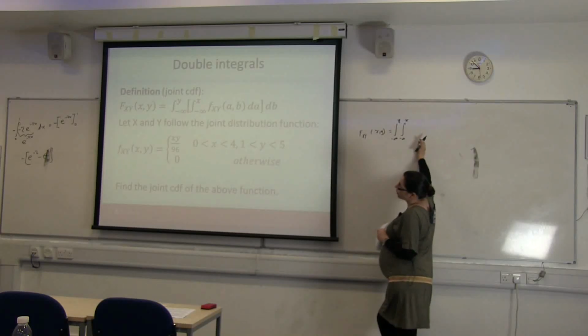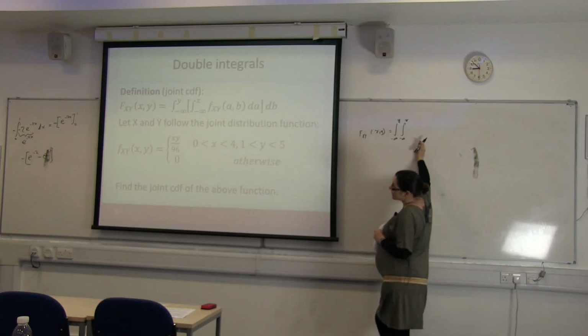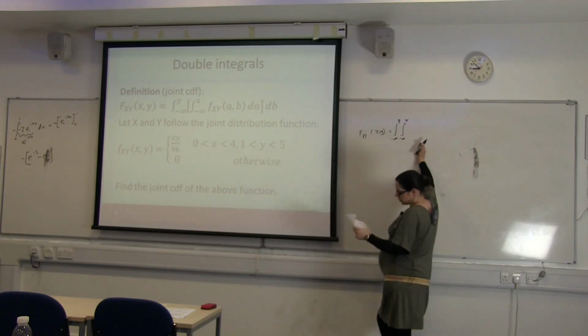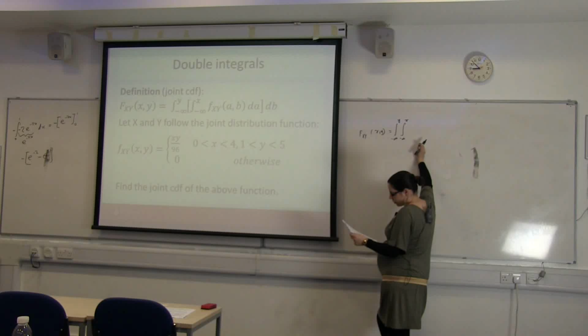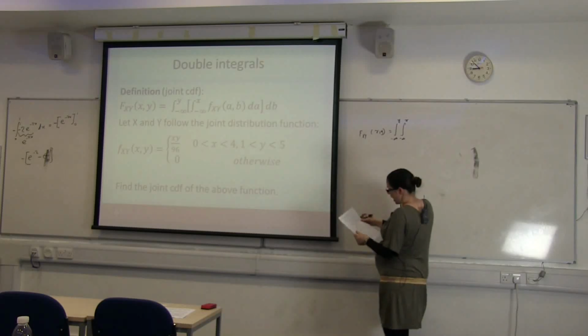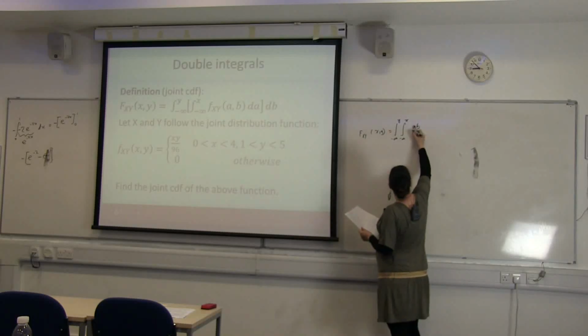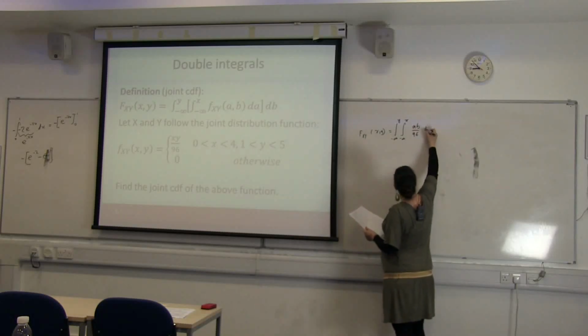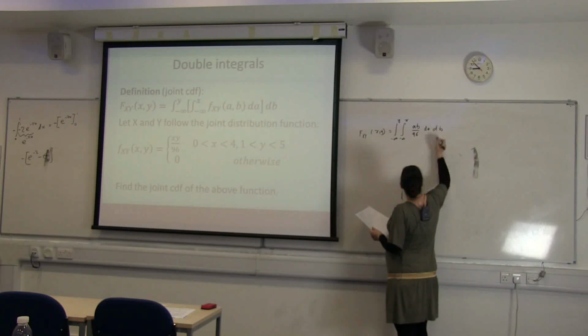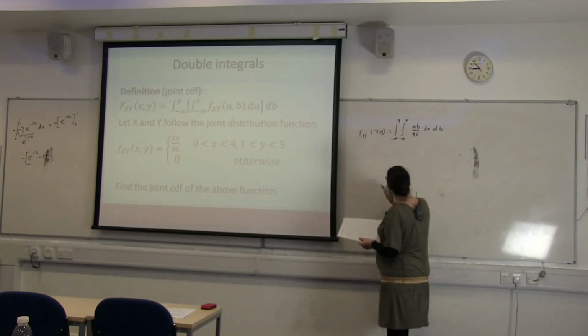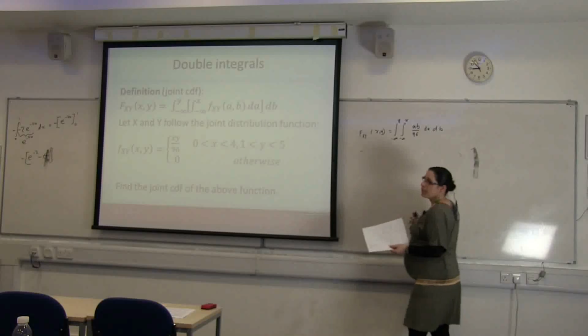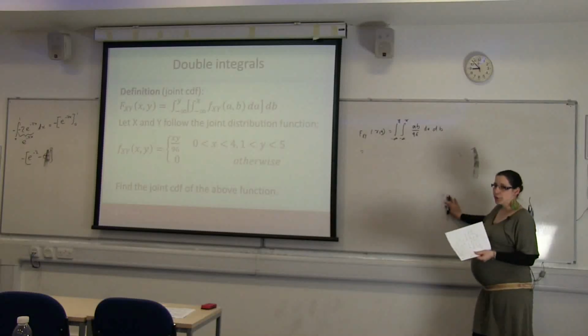So the joint distribution function was xy over 96. Now I change that into a and b over 96. And then I need to do dA dB. Basically, now I'm going to do two integrals.